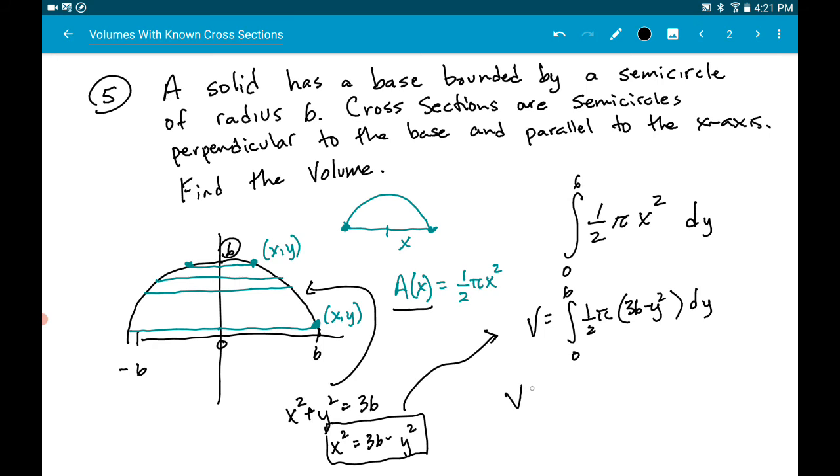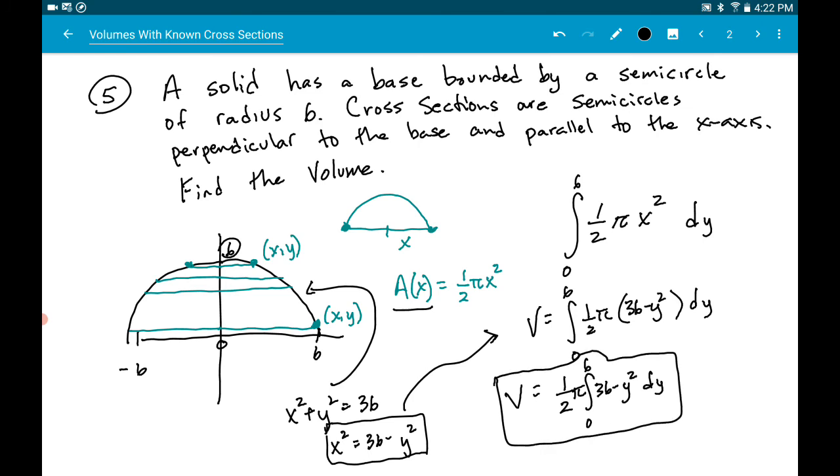So there's a few options you have here. You could go 0 to 6 and then just have 36 minus y squared. I pulled the 1/2 pi out. I'm supposed to get the pi out of there. And then you could do this by hand if you wanted to. Encouraging technology, but that's going to be the setup for this scenario.